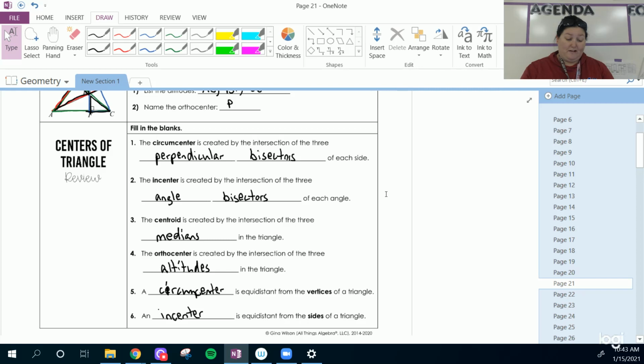The orthocenter is created by the intersection of the three altitudes in the triangle. A circumcenter is equidistant from the vertices of the triangle, and an incenter is equidistant from the sides of a triangle. So next page we're going to go to is actually a graphic organizer that is going to help you.